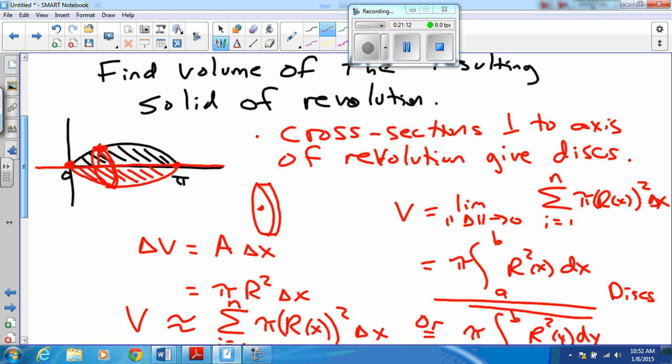Contrast that with our situation here, where we are going about an axis of revolution. That axis must be the thing that determines the radius. And therefore we have curve minus axis, and never curve minus curve, as the radius of our revolution. Always curve minus axis, for the radius, not so much a height as a radius.